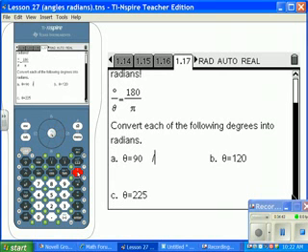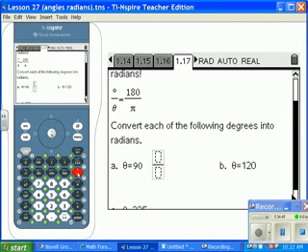Pi over 2. There's a pi key right there, right next to the on button. So if you know those rules, some of these you don't even have to use the formula. These should be quick and easy right off the top of your head. Okay, 0 is 0, 90 is pi over 2, 180 is pi, 270 is 3 pi over 2, 360 is 2 pi. You're just going to learn to memorize those. Okay? They'll make sense to you.